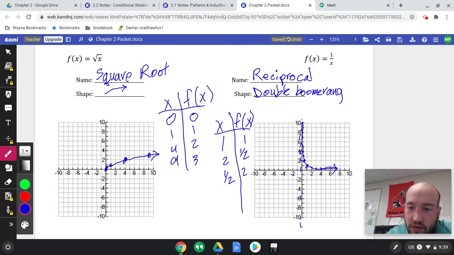It gets closer and closer to 0. Now it's a little messy. Now, likewise, if I plug in a -1, 1 over -1 gives me -1. Okay, so it's going to be a mirror in our case, and it's going to go the other way for us.